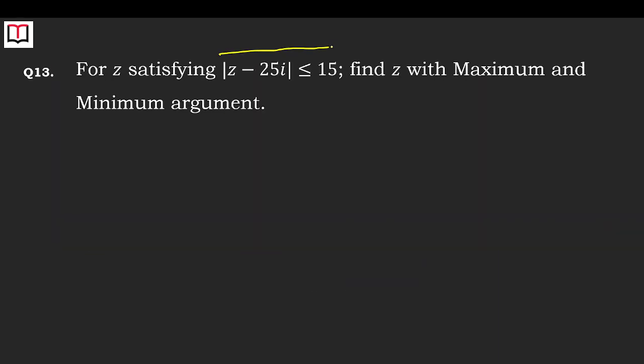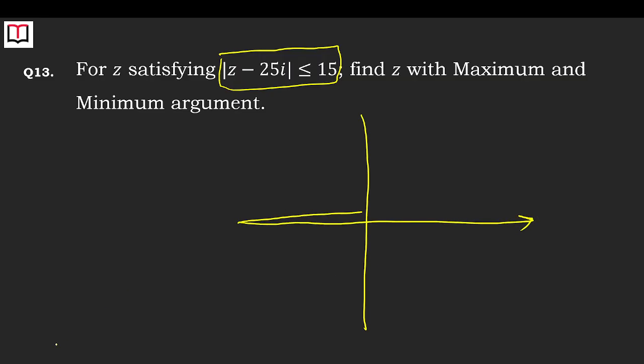So this is the question which I selected just for the geometrical aspect, because see, mod of z minus 25 iota is less than 15. As I always say, if you have to analyze the inequality, analyze the corresponding equality. That's a circle with center at 25 iota and radius 15.